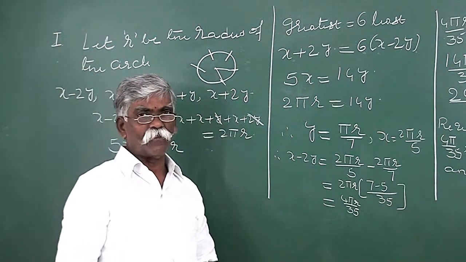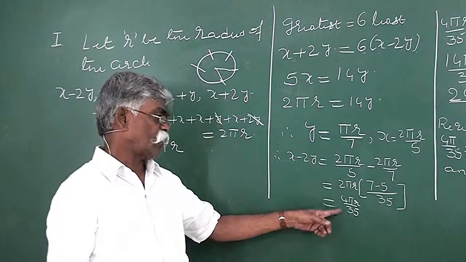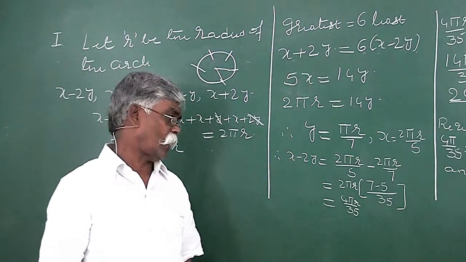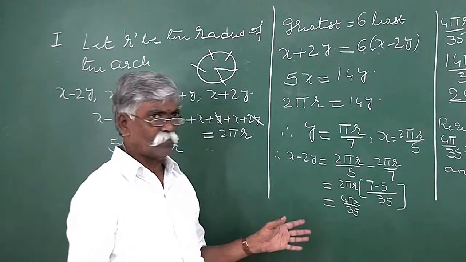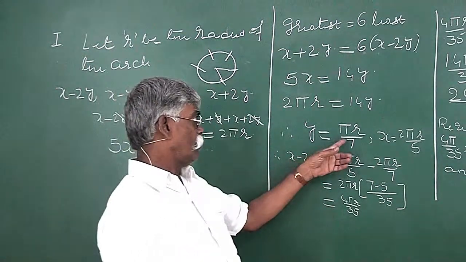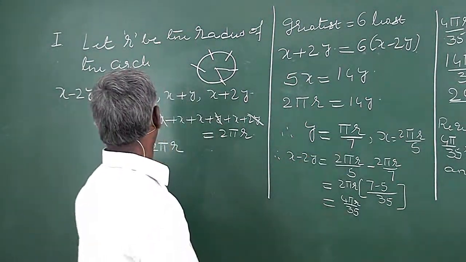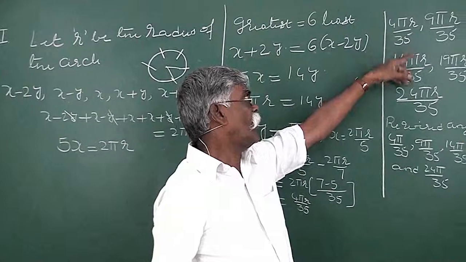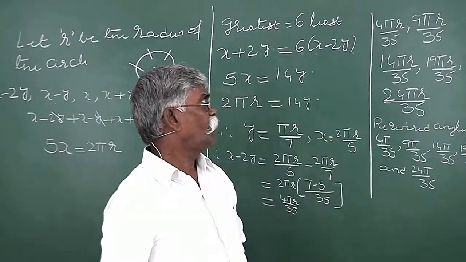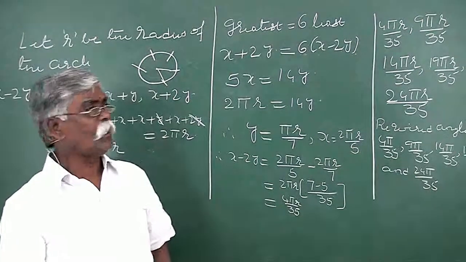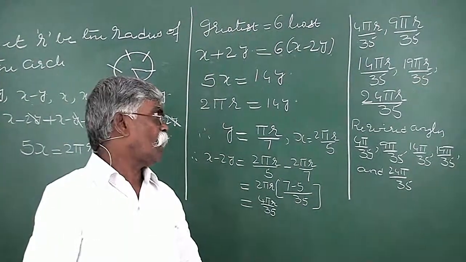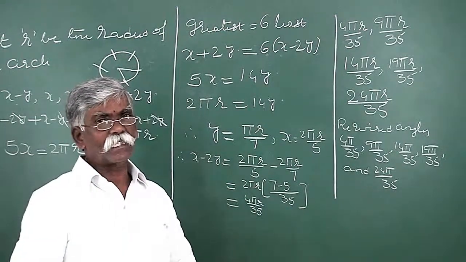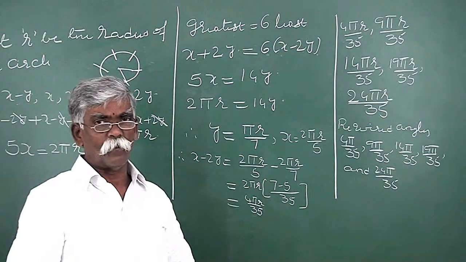That means the length of the lowest arc is 4 pi r by 35, and since the common difference is taken as y, by adding the common difference y, which is pi r by 7, the required 5 parts are 4 pi r by 35, 9 pi r by 35, 14 pi r by 35, 19 pi r by 35, and 24 pi r by 35. So these are the lengths of the arcs of the 5 parts.